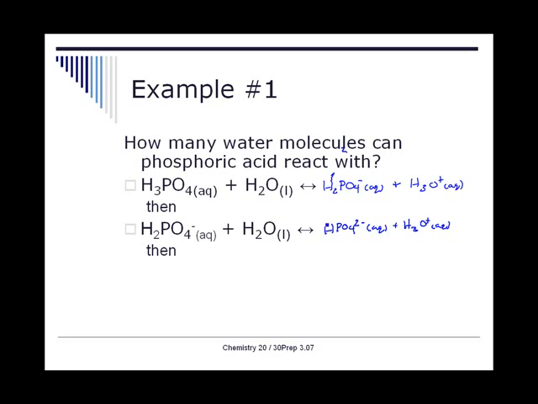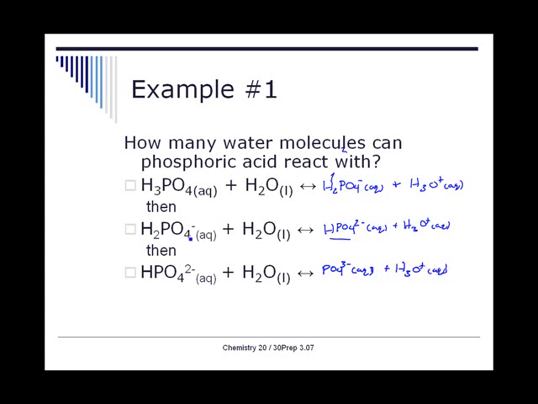And if we take a look, our product still has 1 more hydrogen, so it can undergo another reaction. Our HPO4 2 negative, or our hydrogen phosphate ion, becomes just a phosphate ion. So it becomes PO4 3 negative. Again, it loses that positive charge, so what was once a 2 negative becomes a 3 negative, and we get another hydronium ion.